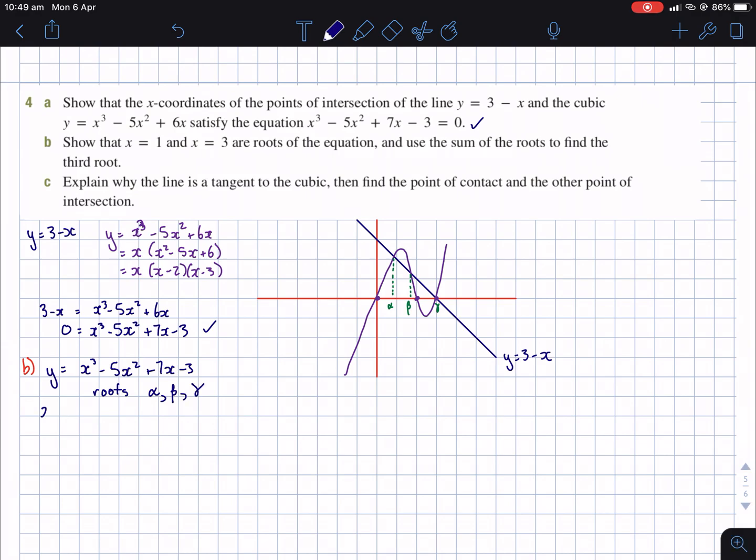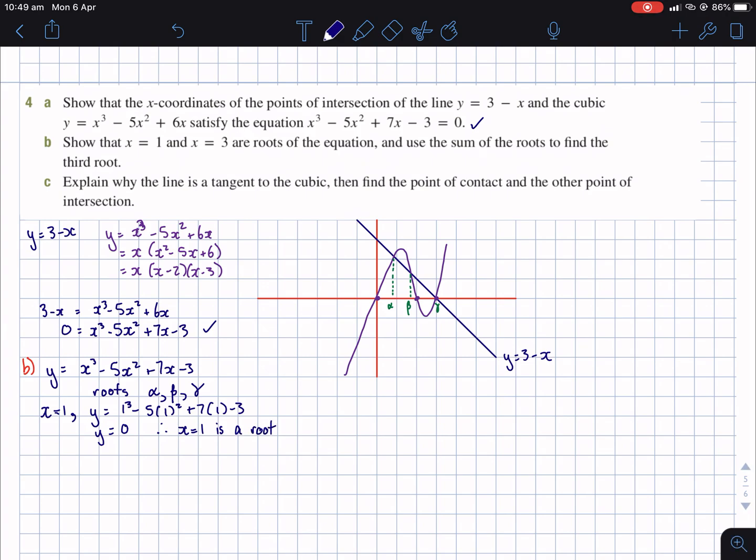Well, they're saying x equals 1 is a root, so let's put that in and see if they're right. So y equals 1 cubed, take 5 times 1 squared plus 7 times 1, take 3. So y equals, put that in your calculator, 1 take 5, negative 4 plus 7, 3 take 3 is 0. Therefore, x equals 1 is a root.